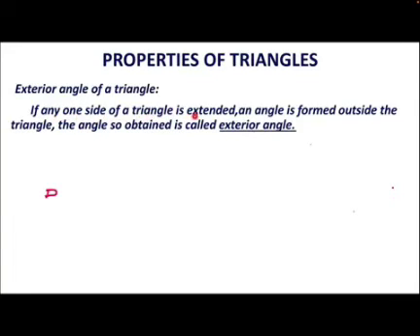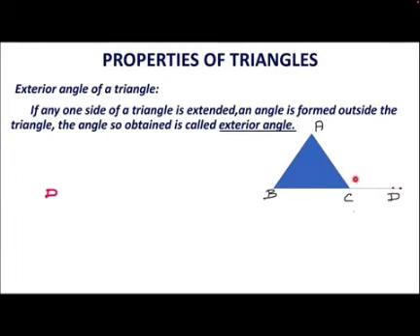So, if any one side of the triangle is extended, how do we extend the side? Let me show you. Now, I have taken one triangle here and see where I have extended. I have extended this side. Now, let's name it A, B and C, and that line that I've extended is passing through D. Children, listen carefully. This angle ACD, where is it?